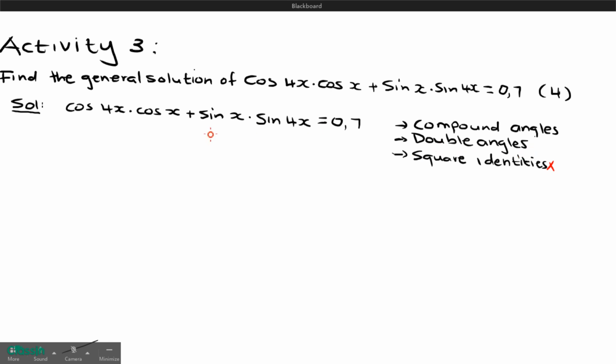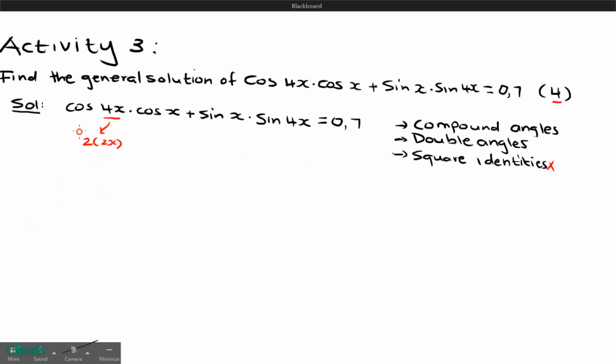Do we have double angles? One can say, if I split 4x into 2x, you're going a very long way. Looking at the marks, this means you are going to convert this back to double angles, and you're going to do double angles 2 times.